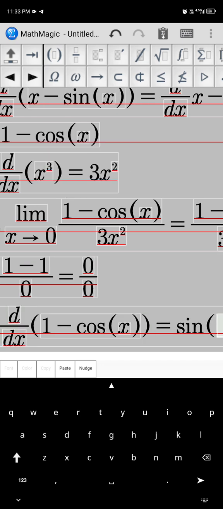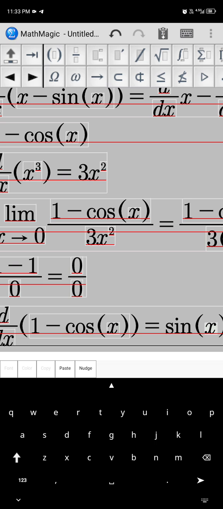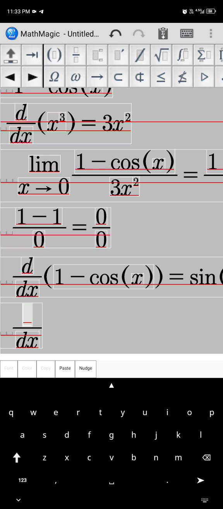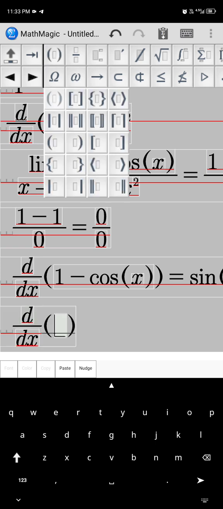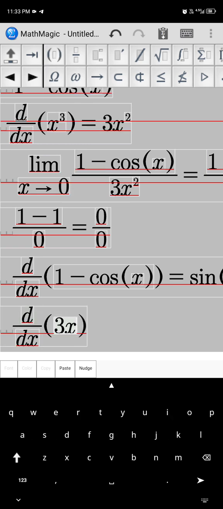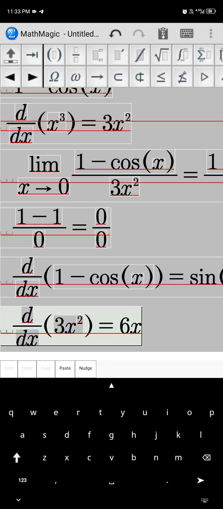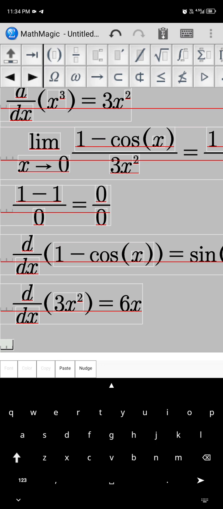Then if you differentiate our denominator, d/dx of 3x squared gives us 6x. So then the limit will change to this.